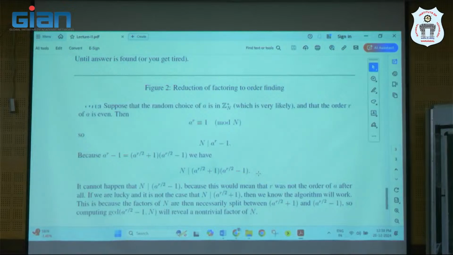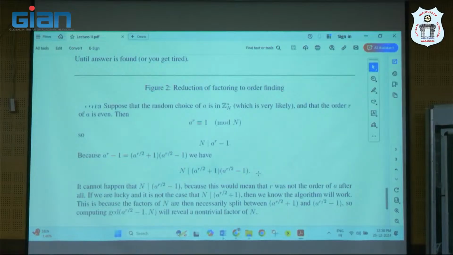Remember the definition, it is the smallest. So N cannot divide A to the power R over 2 minus 1. Agreed? Yes or no?